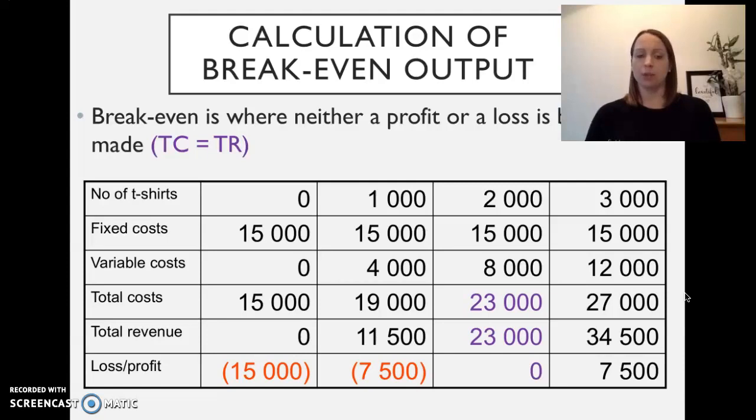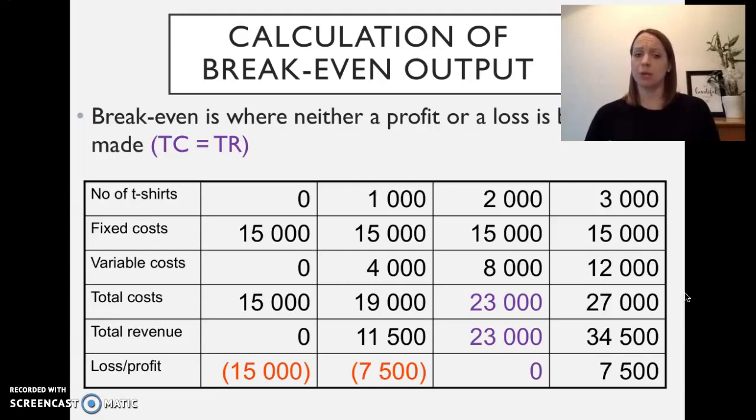Now what this also shows you is that your variable costs, and remember these are linked to your production, so these are production costs. As your number of t-shirts increase, you're having to buy more in, so your variable costs and your production costs will increase. Although I've not made any t-shirts, I've got no variable costs in month 1.